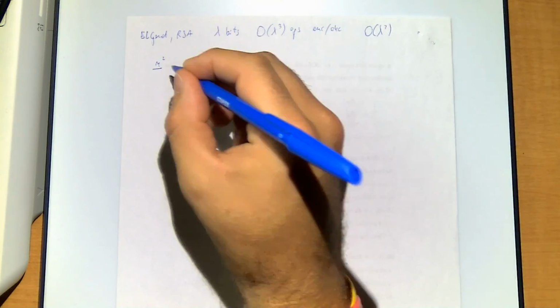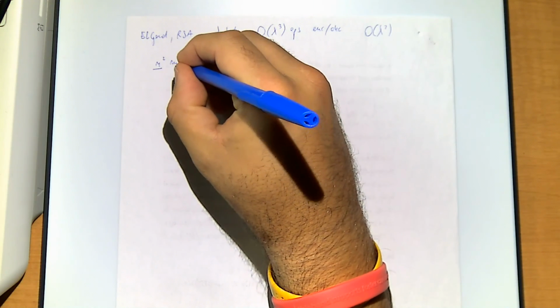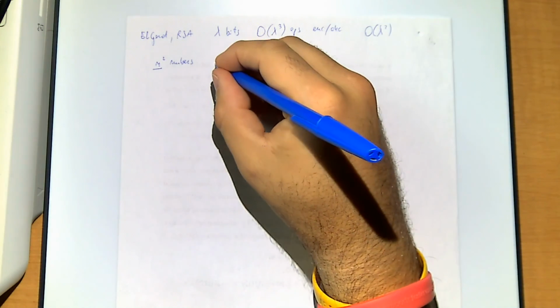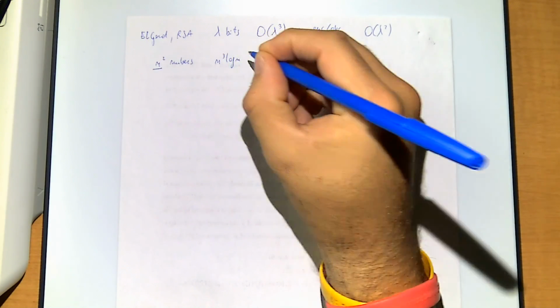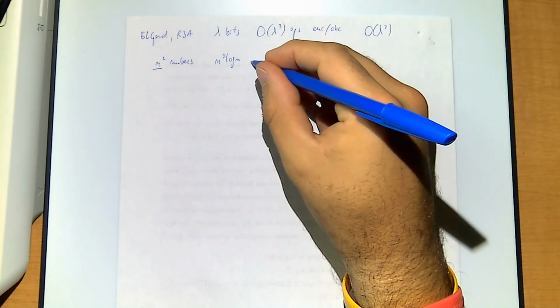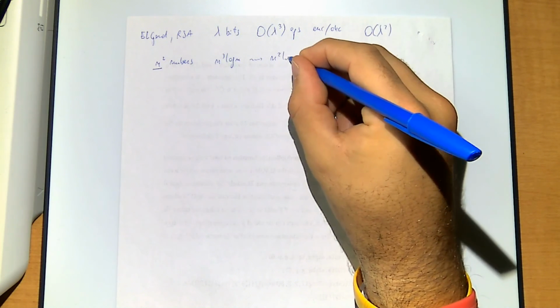In fact, for GGH, you need a bad basis for the lattice, which is n squared numbers, and each number is like n log n, so then you get like n cubed log n. This is pretty big, and then there are some tricks to reduce this down to like n squared log n, but it's still much bigger than RSA.